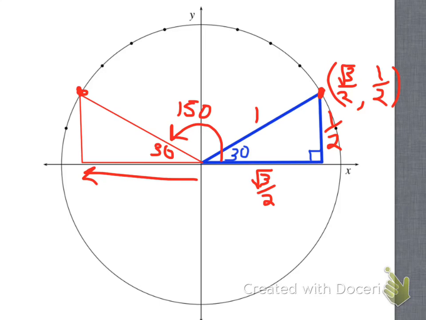So it is the square root of 3 over 2. However, since we are on the unit circle and we are centered at the origin, this is a negative value. I am still going in the positive y value of 1/2, so my coordinate is negative square root of 3 over 2, 1/2.